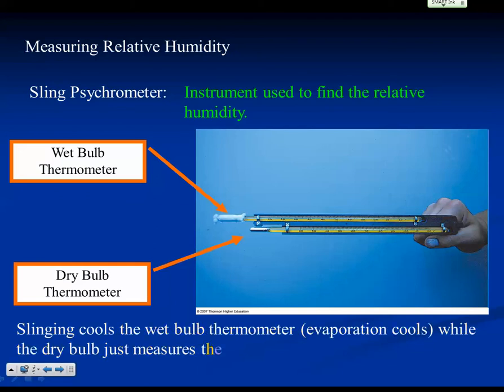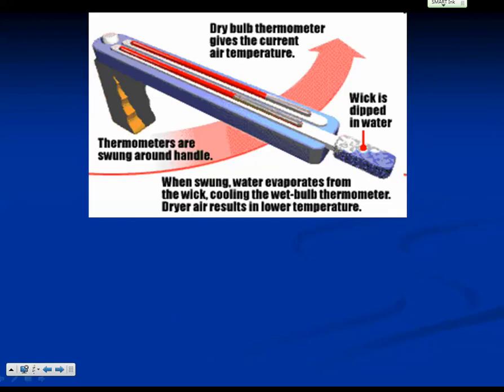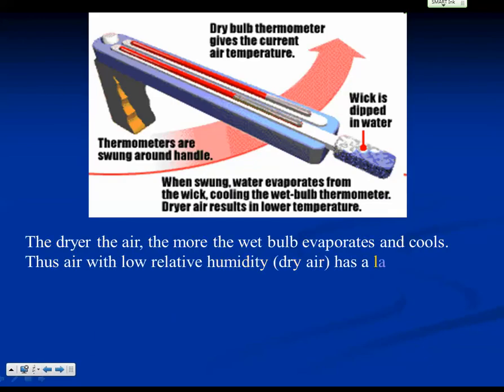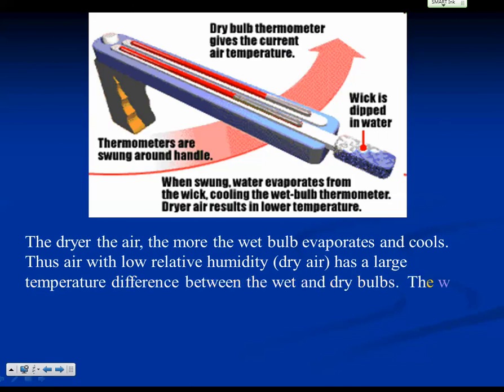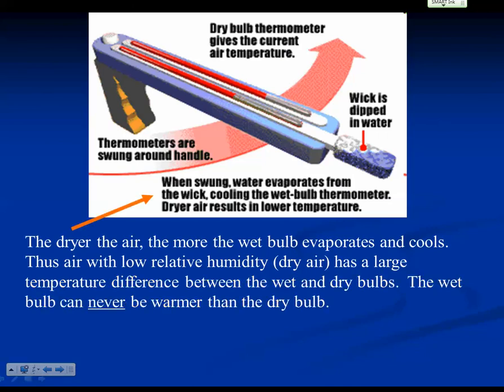And that evaporation is a cooling process. Just think when you come out of a lake swimming in the summertime and the wind's blowing, you get cold. That cooling, turns out, cools down more when the air is dry. So the drier the air, the more it evaporates, and air that's drier or lower relative humidity has a large temperature difference between those two thermometers.